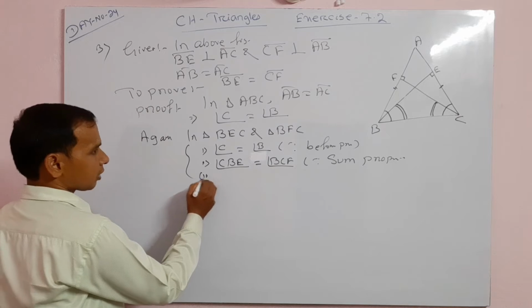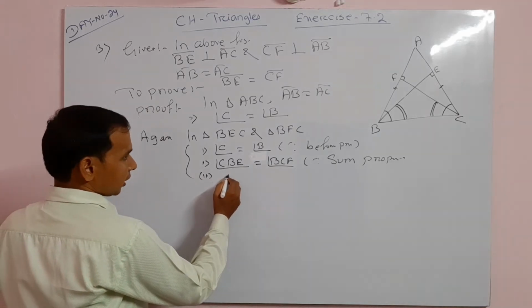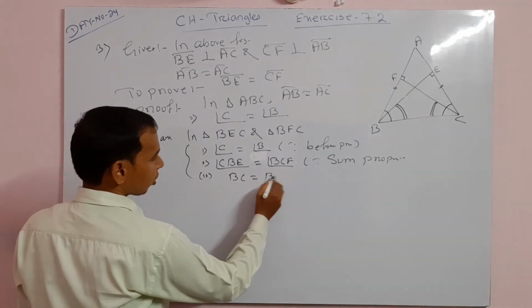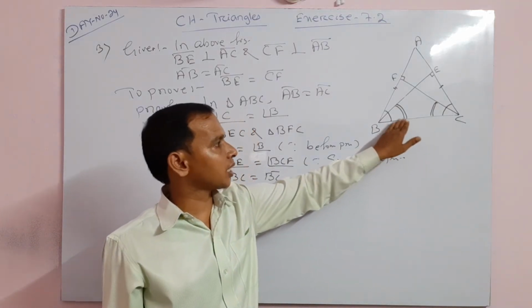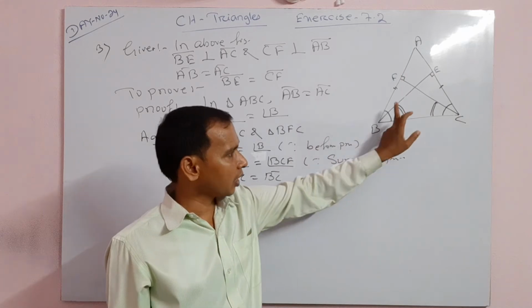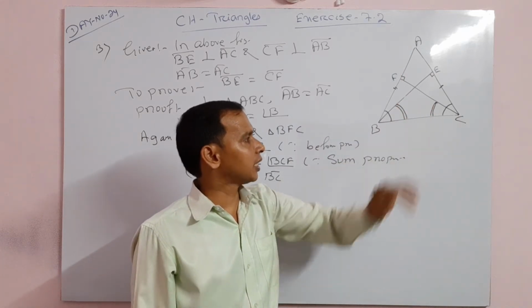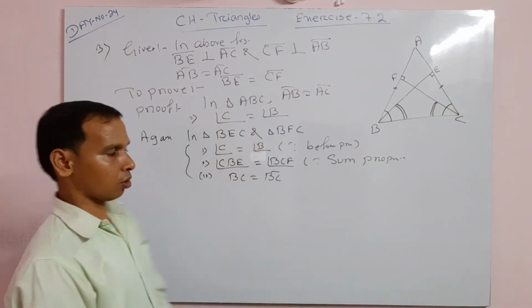Then you write here, BC is equal with BC. Mark here, this is the common side. Common side के बाद इधर angle side then angle side angle. Okay.